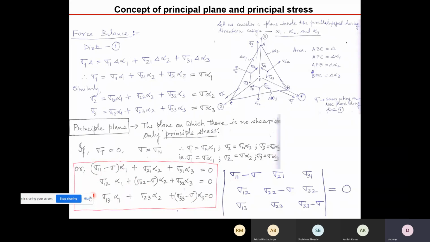And basically the stress tensor, though I am writing in terms of components sigma 1 1, 1 2, 1 3, actually these will be real values.